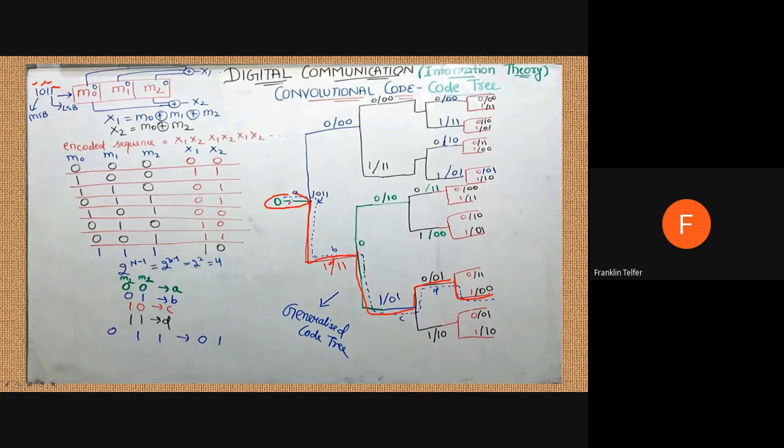In this way you can trace a systematic path in a code tree, and from that we get the output sequence 0 0 0 1 0 1 1 1 0. So this is a generalized code tree.